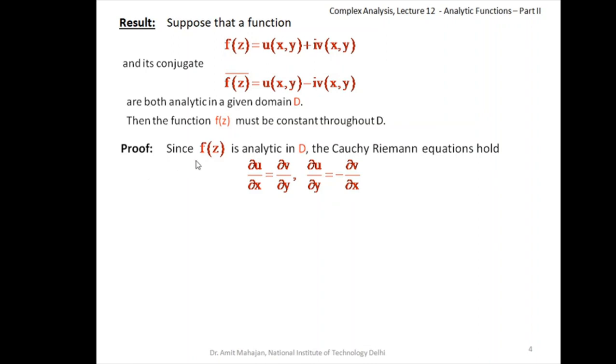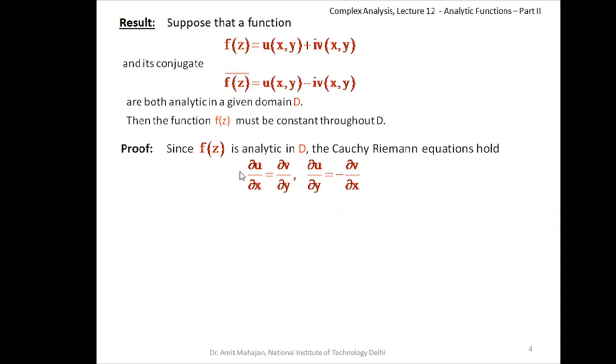Since the function is analytic, the Cauchy-Riemann equations will hold. So we can write that u derivative x equals v derivative y, and u derivative y equals minus v derivative x. Also, because the conjugate function is also analytic, it will also satisfy the Cauchy-Riemann equations.